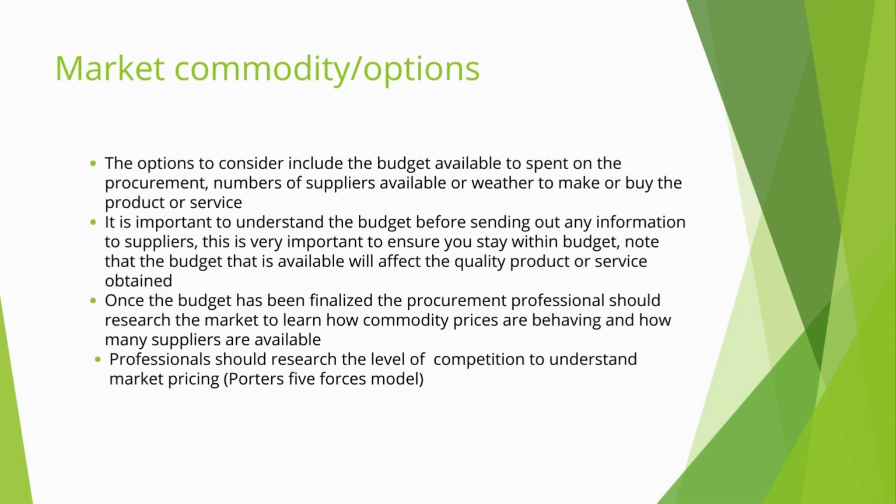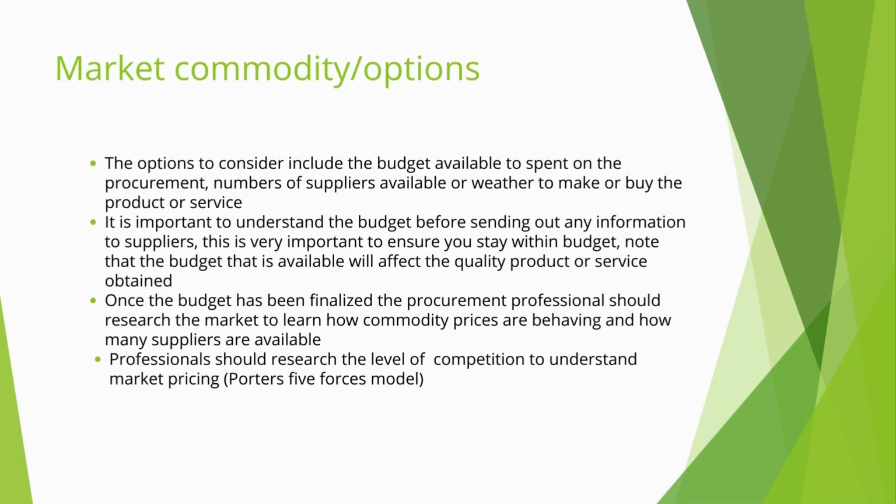So it is important to understand the budget before sending out any information to suppliers. This is very important to ensure you stay within the budget. But note that the budget that is available will affect the quality of product or service obtained. So once the budget has been finalized, the procurement professional should research the market to learn how commodity prices are behaving and how many suppliers are available.